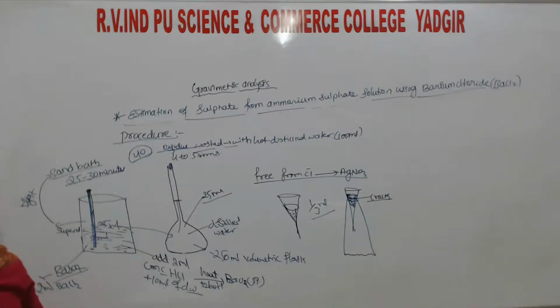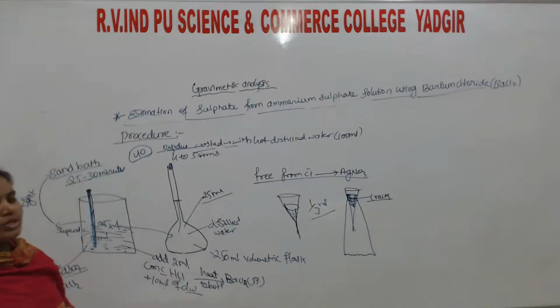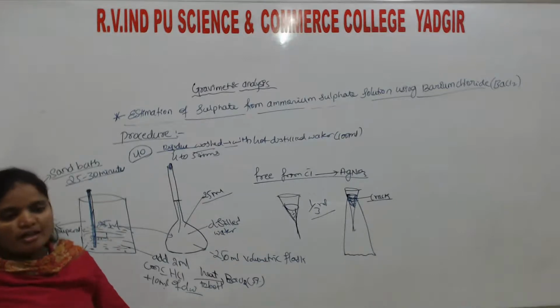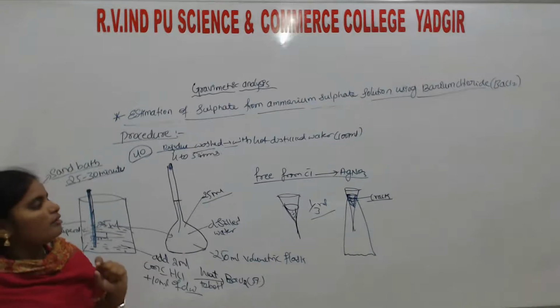Then transfer the residue along with the filter paper to the previously heated, cooled, and weighed crucible.